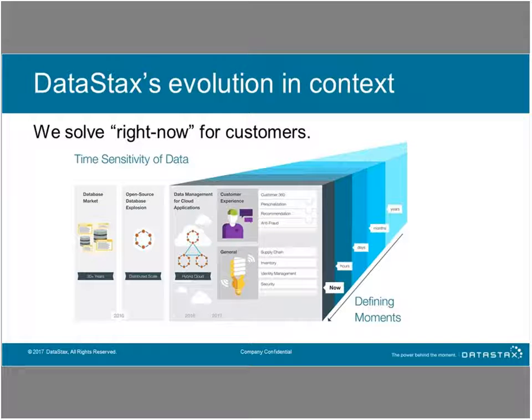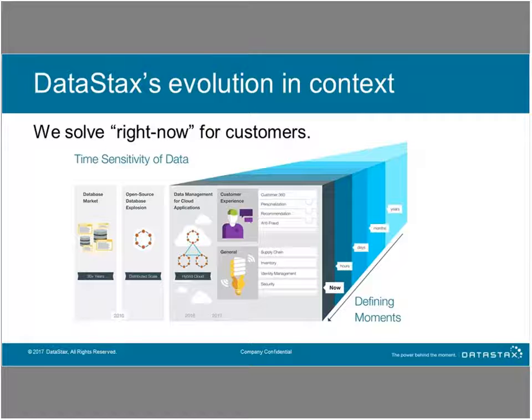I'd like to offer a little more context about the evolution of the company as well. If you look on the far left in this graphic, databases popped up, first hierarchical systems and then into the client-server and relational world. And then when DataStax came on the scene, a lot of different open source databases were popping up.